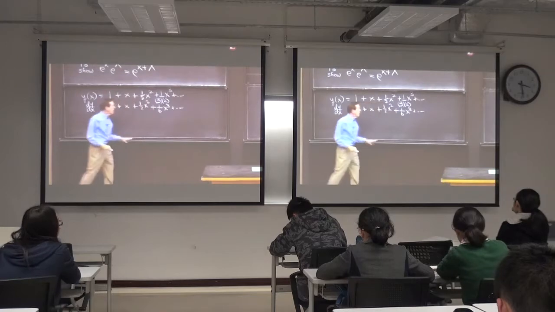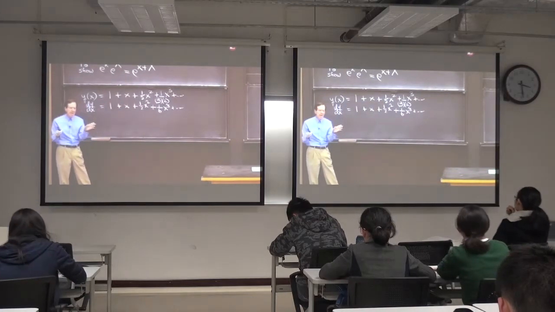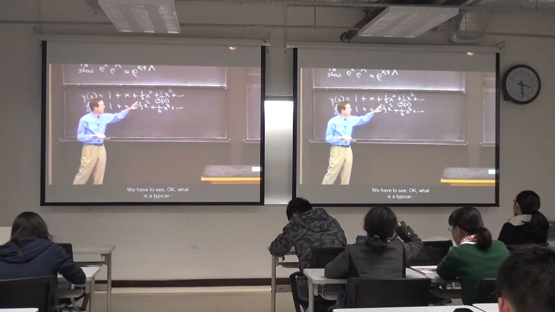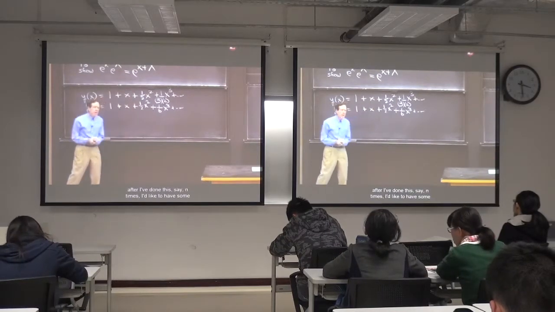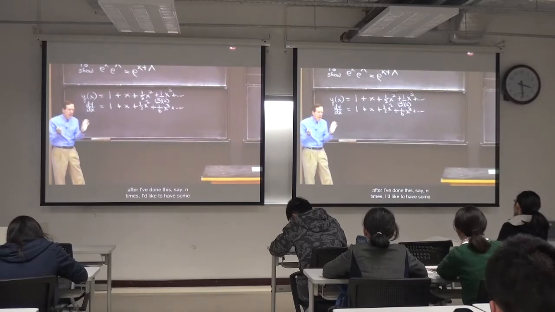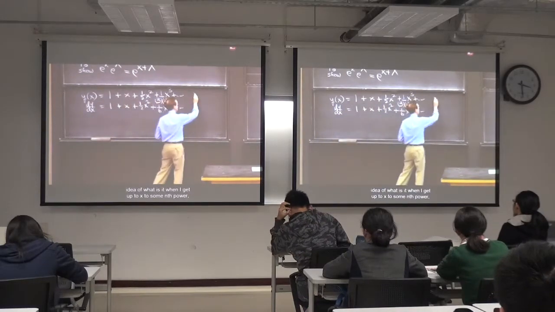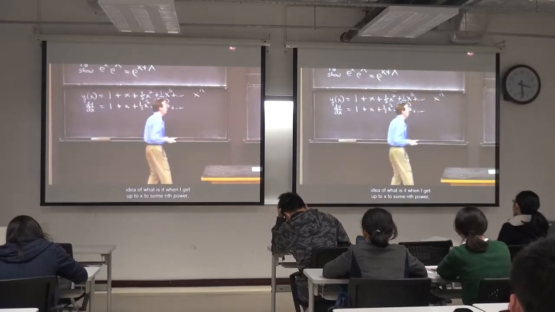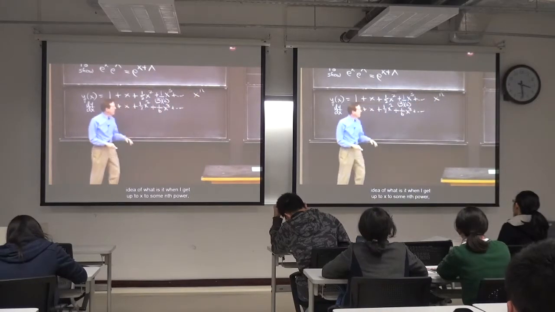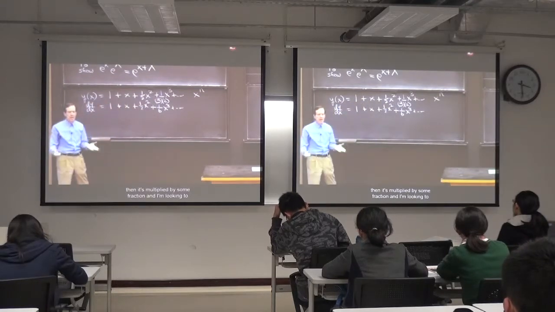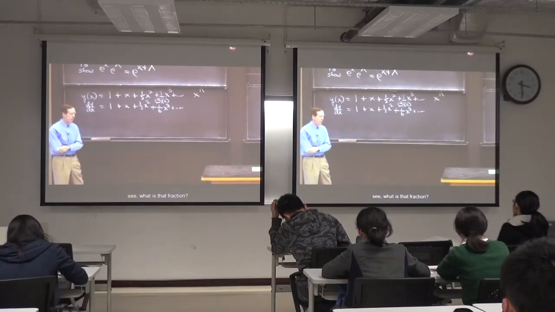Can you see, we have to see, okay, what is a typical term, after I've done this, say, n times? I'd like to have some idea of what it is when I get up to x to some nth power, then it's multiplied by some fraction, and I'm looking to see what is that fraction.